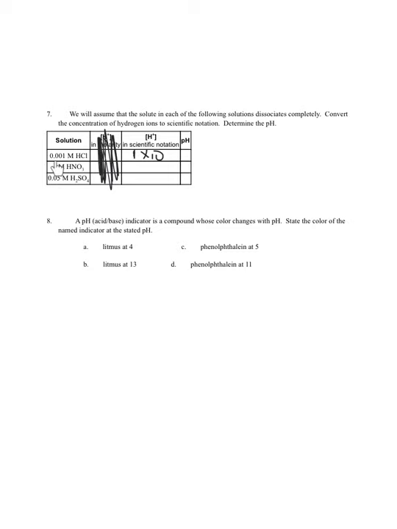Okay, so anytime you're trying to convert a number into scientific notation, we're trying to get it down to 1 digit. And here we have 1, 2, 3 digits after a decimal. So we need to move our decimal over to the left, sorry, to the right, to get it to a whole number.